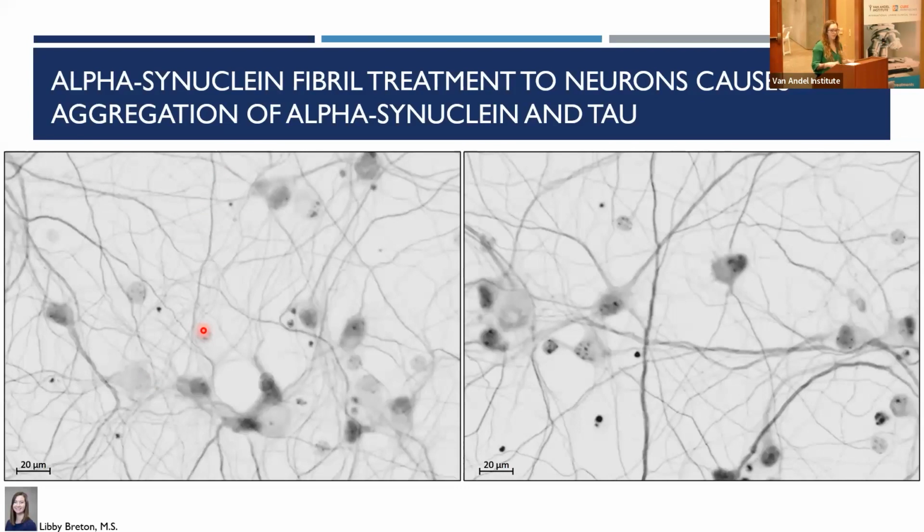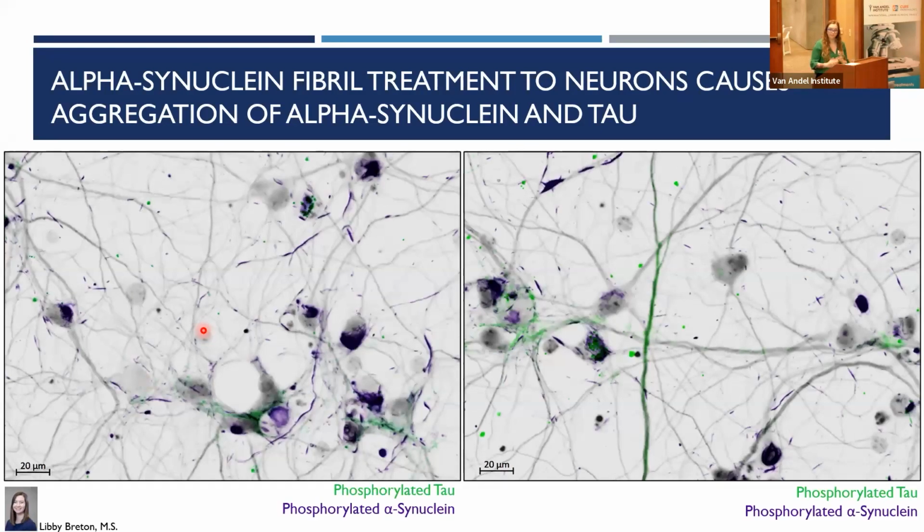And when we treat these with the alpha-synuclein fibrils and let them just stay and grow for 2 weeks, we are then able to take these cells and stain them to look for the presence of the aggregated alpha-synuclein and here aggregated tau too. And what we see quite drastically is these cells have this toxic form of alpha-synuclein.